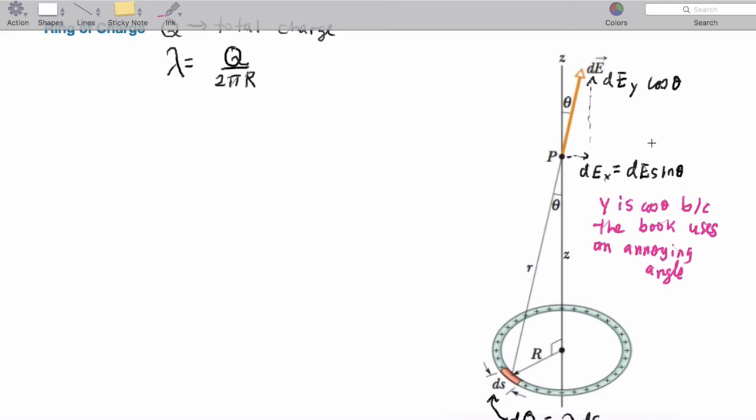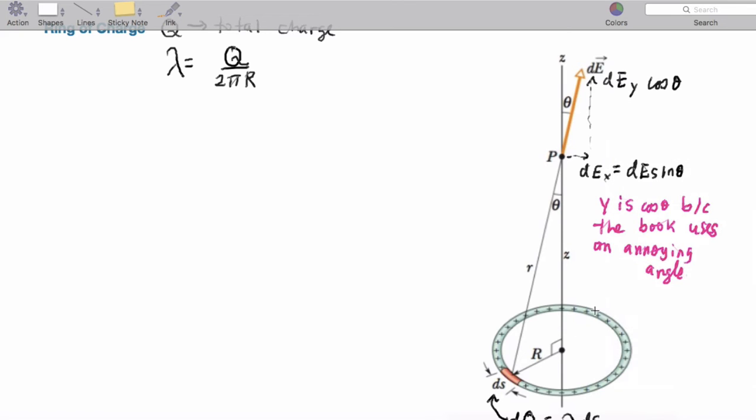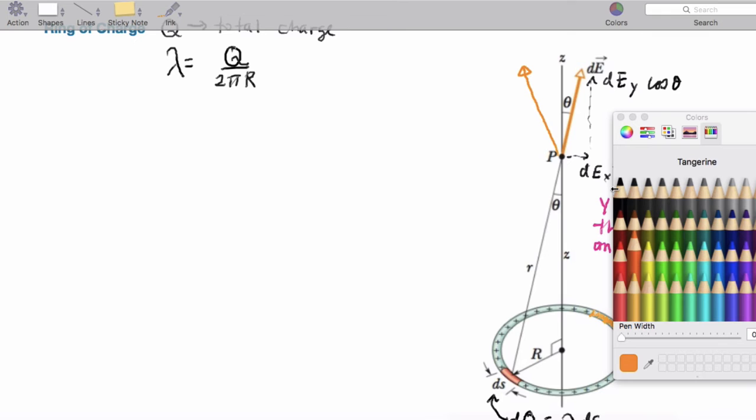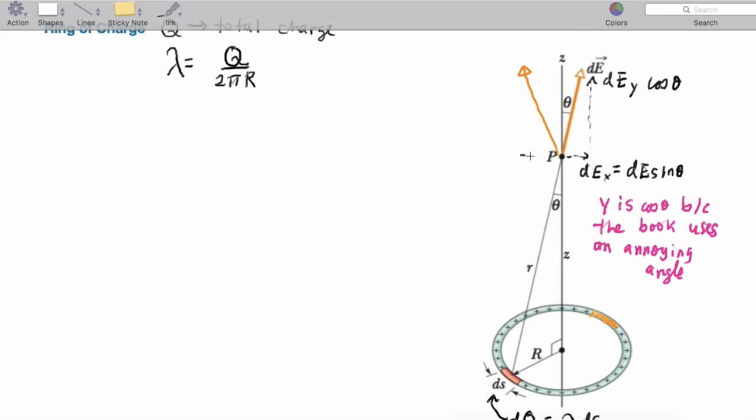So here's why we care. Check this out. This little ds produces a field, right? But it turns out on the other side of the ring, there's an exact opposite side ds, and it's putting a field up the opposite way. And when we actually label it, what we get is that there is a dEx here that's the same size and a dEy.